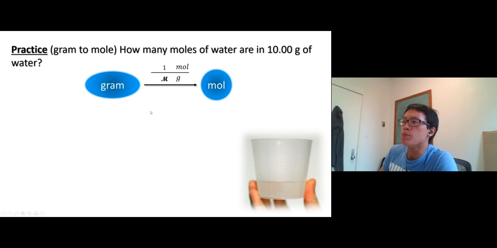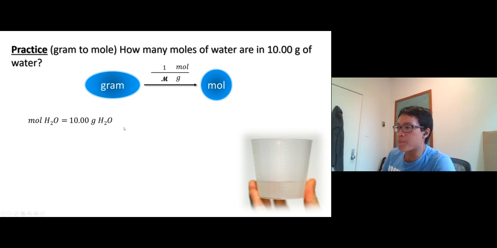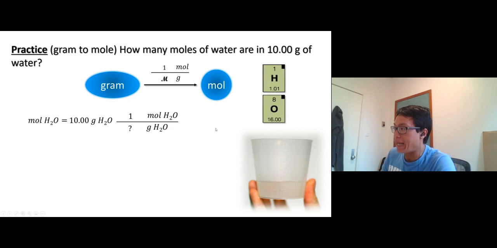All right, let's do it. We want to know moles of water. What we have is 10 grams of water. I'm going to times it with something that has grams at the bottom and moles at the top. And we know that 1 mole is how many grams of water? Well, we have to look at the periodic table. 1 mole of water contains 1 oxygen and 2 hydrogen.